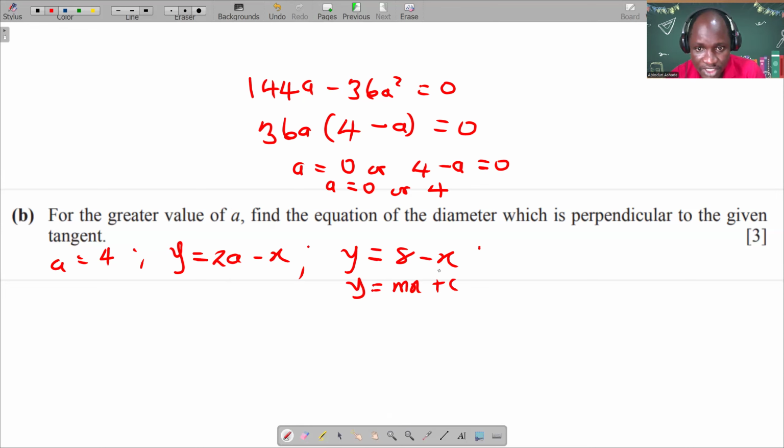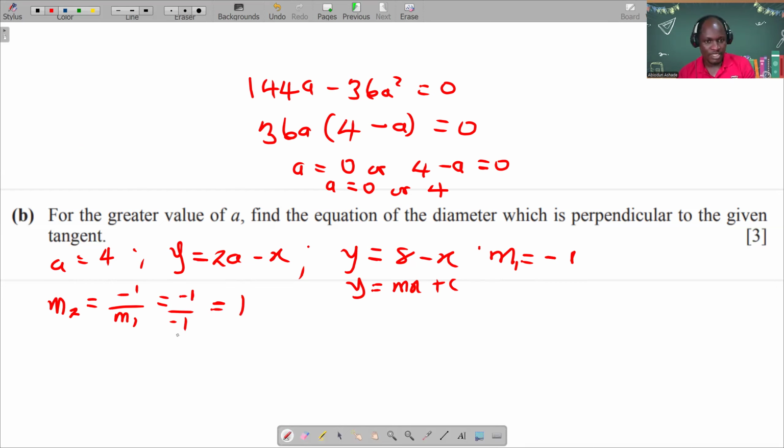So the coefficient of x here is 1, -1 rather, sorry. That means our gradient for that tangent, I call it m1, equals -1. Since our diameter is perpendicular to that tangent, the gradient of my diameter, m2, is -1 over m1. That gives me -1 over -1, which is 1. So the gradient of my diameter, m2, is 1.